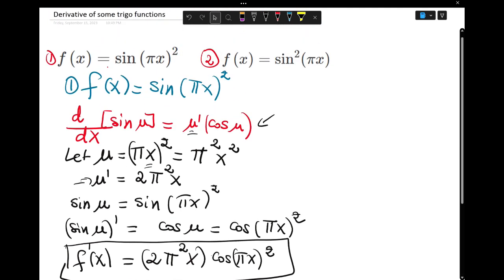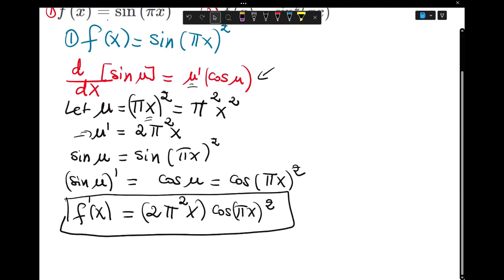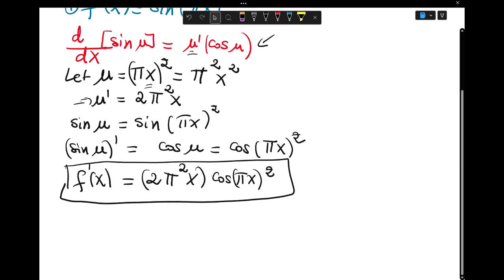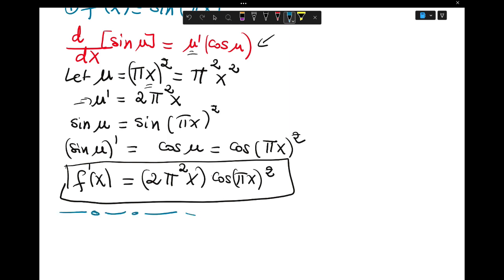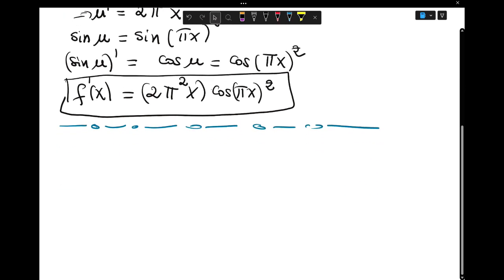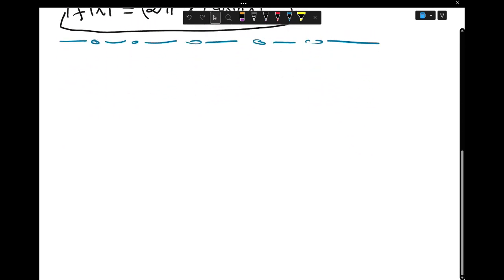Before we go to the second problem, let's solve it in a different way, so that we can have flexibility. Let's rewrite it here again.